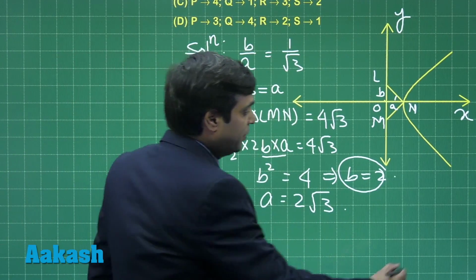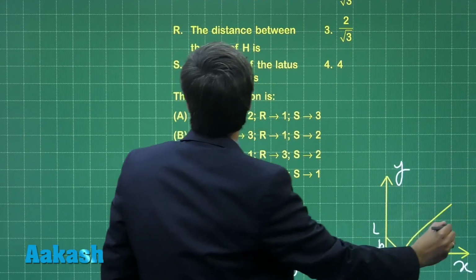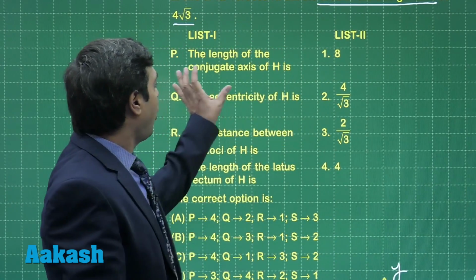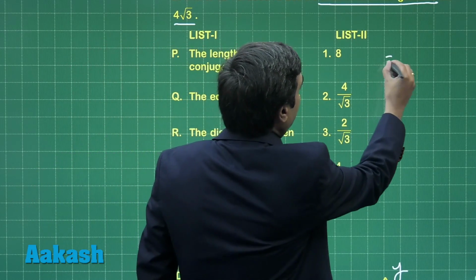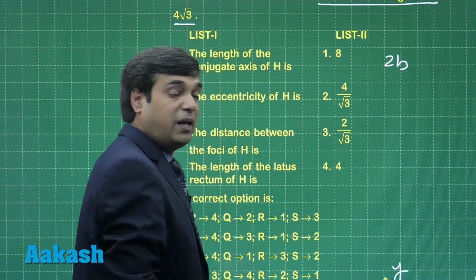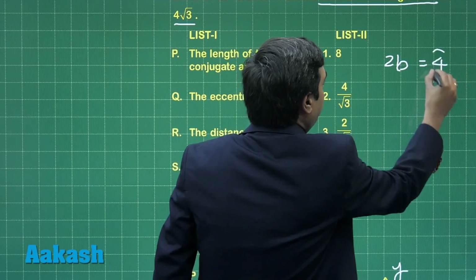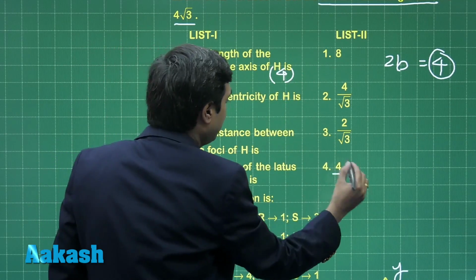Now, let us consider the requirement of this question. It says the length of the conjugate axis, that is 2B. The value for B we obtained as 2. So, this is equal to 4 units, meaning 4th, this one.